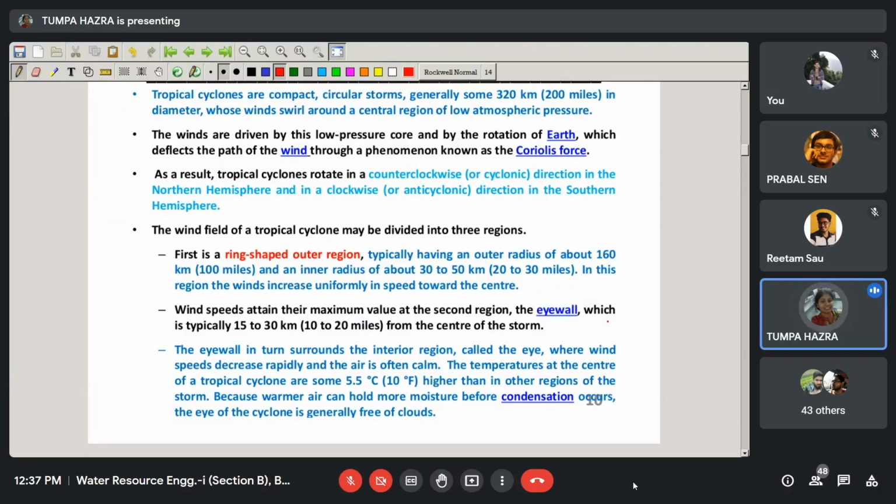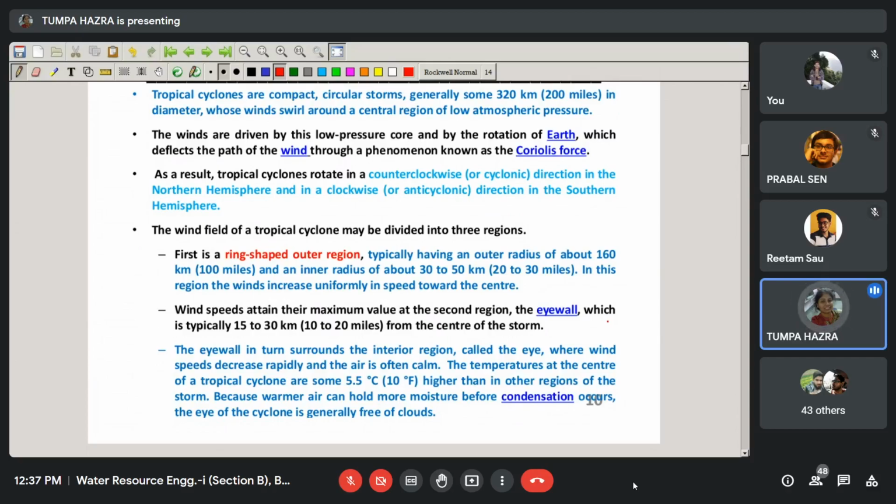Okay, but whenever it reaches the earth, the energy source is cut off and the cyclone dissipates its energy very fast. Okay, and tropical cyclone causes heavy rainfall along with high damage of life and property on the land.